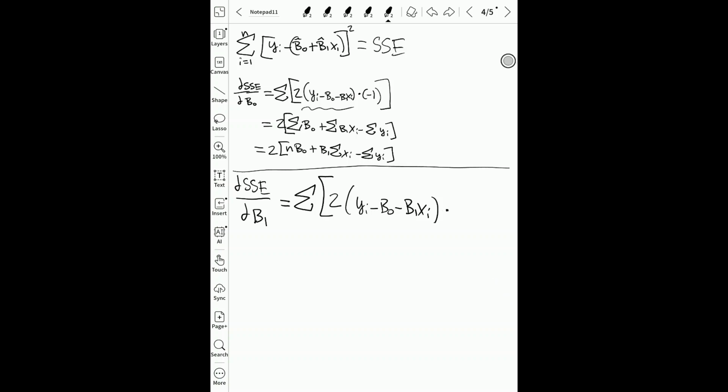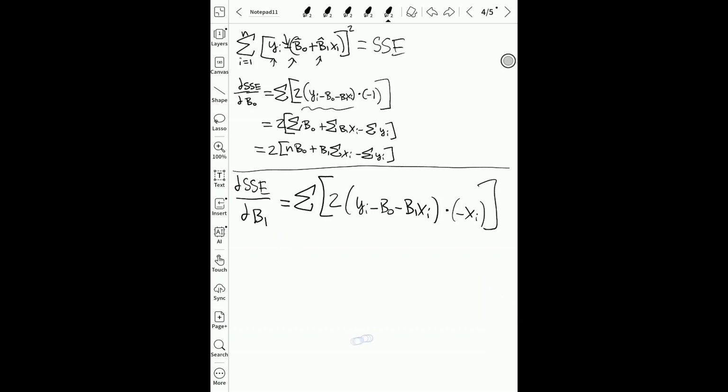Inside of this, the yi term is still going to go to 0, and the beta naught term is going to go to 0. For the beta 1 term, we decrease the power on beta 1, so it goes down to 1, the identity, and it's multiplied by xi. So we've got an extra xi in here, and when you distribute that negative, we've got a negative xi hanging out there.